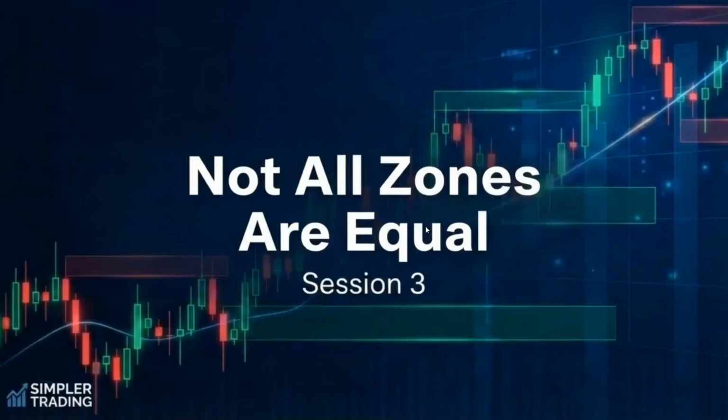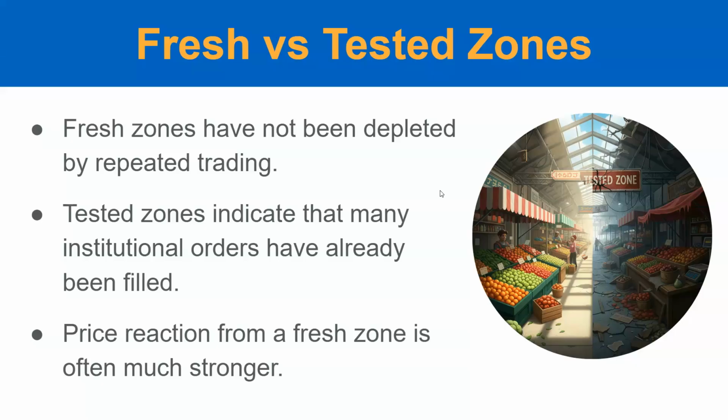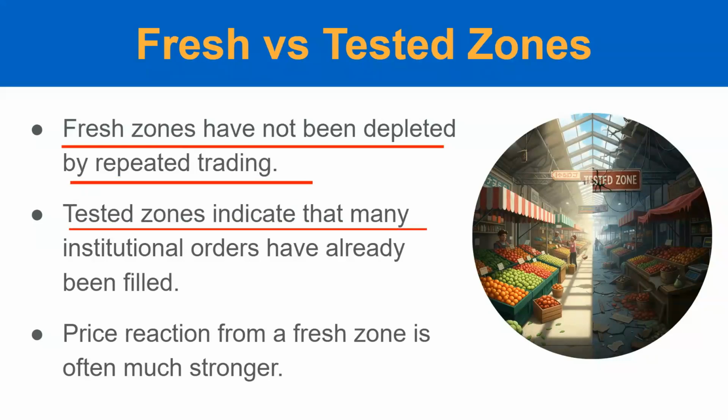Not all zones are created equal. Fresh versus tested zones. Fresh zones have not been depleted by repeated trading. Tested zones indicate that many institutional orders have already been filled. Guys, remember, if I was just telling you about Goldman Sachs and JPM, if they got their orders filled and prices went back up, they're probably selling into retail.